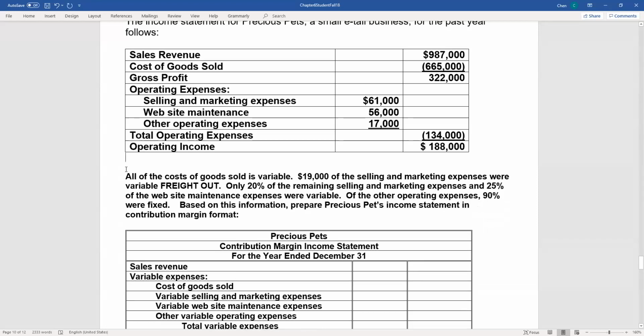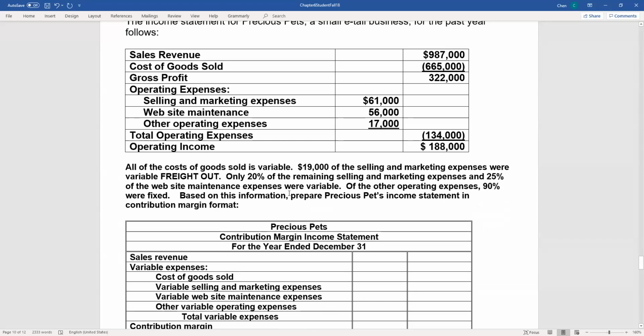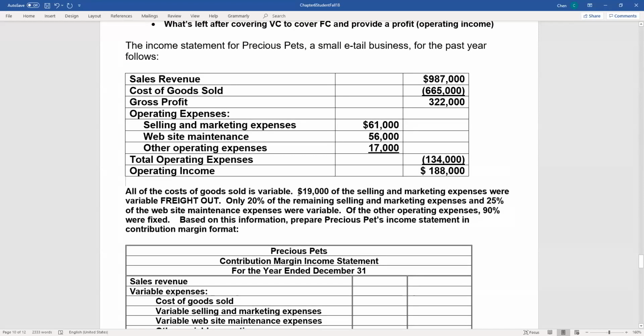Let's read this information. All of the cost of goods sold is variable, and 19,000 of selling and marketing expenses were variable. Only 20% of the remaining selling and marketing expenses and 25% of the website maintenance expenses were variable.